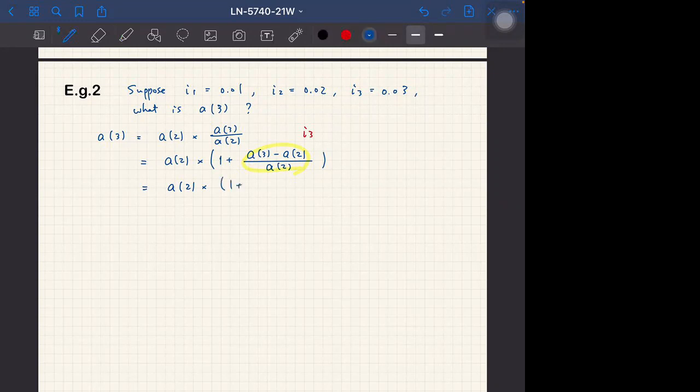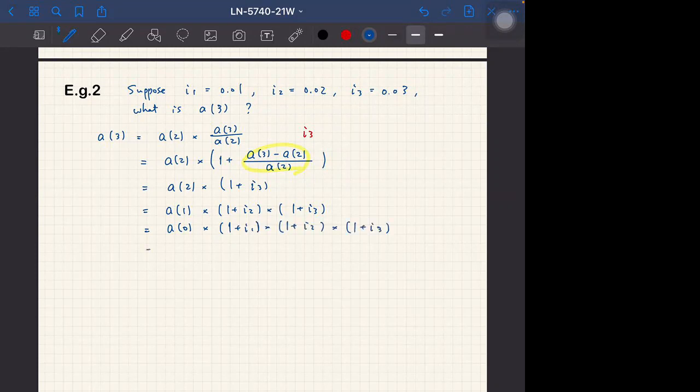In the same way, we can say this is A1 times 1 plus I2 times 1 plus I3, and this is A naught, which is actually 1. So 1 plus I1 times 1 plus I2 times 1 plus I3.